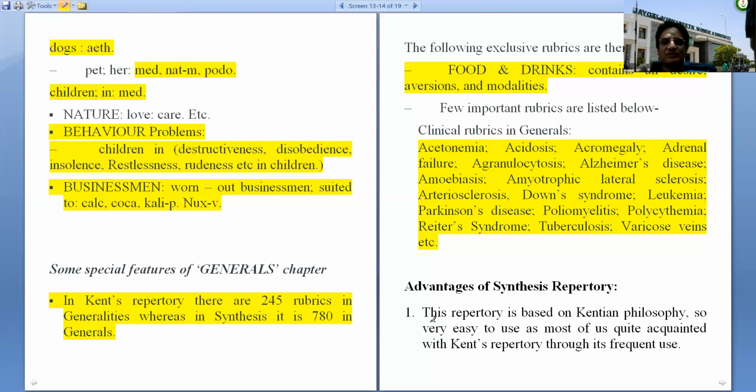So, advantages. This repertory is based on Kentian philosophy, so it is very easy to use because it is based on very well-known Kentian philosophy.